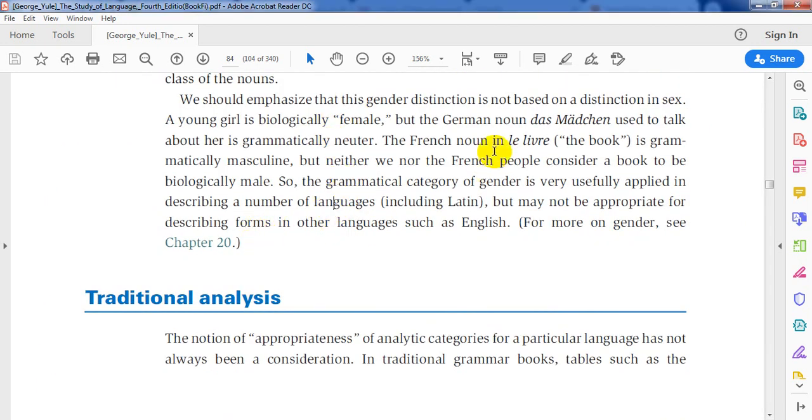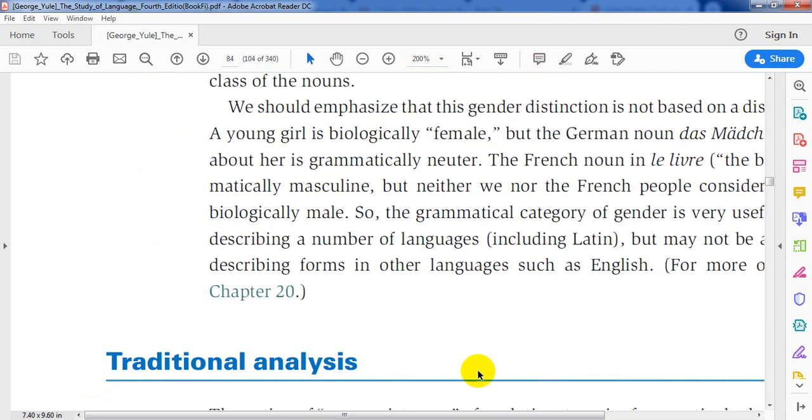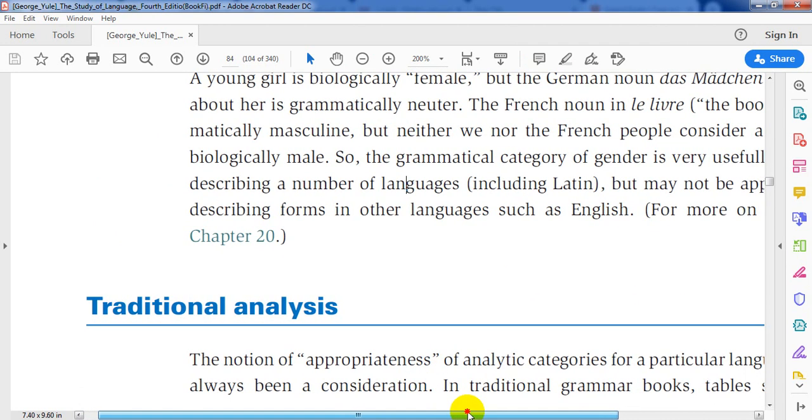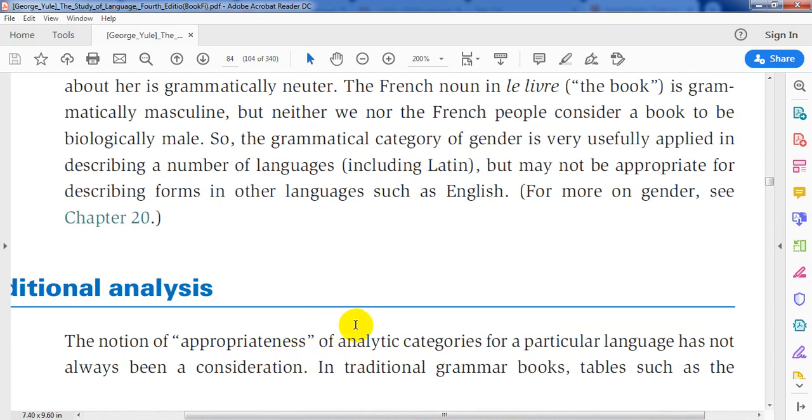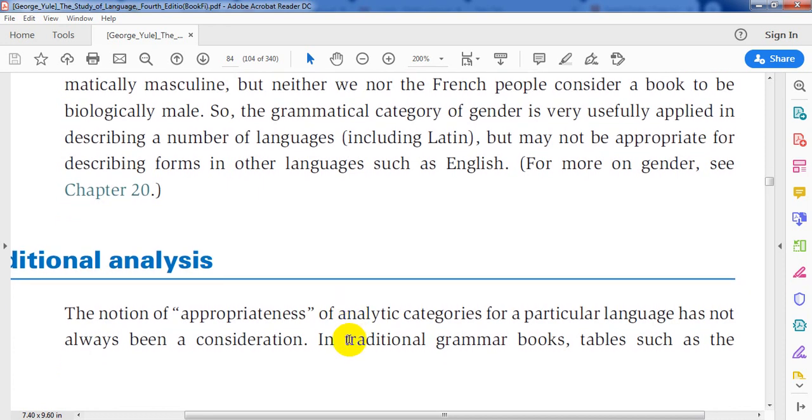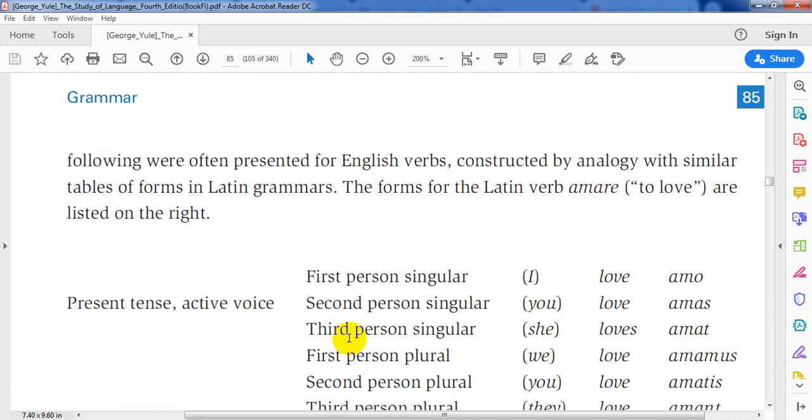The next section is the traditional analysis. And actually, what's meant by the traditional analysis is how Greek and Latin languages describe the structures or the items within the sentences.